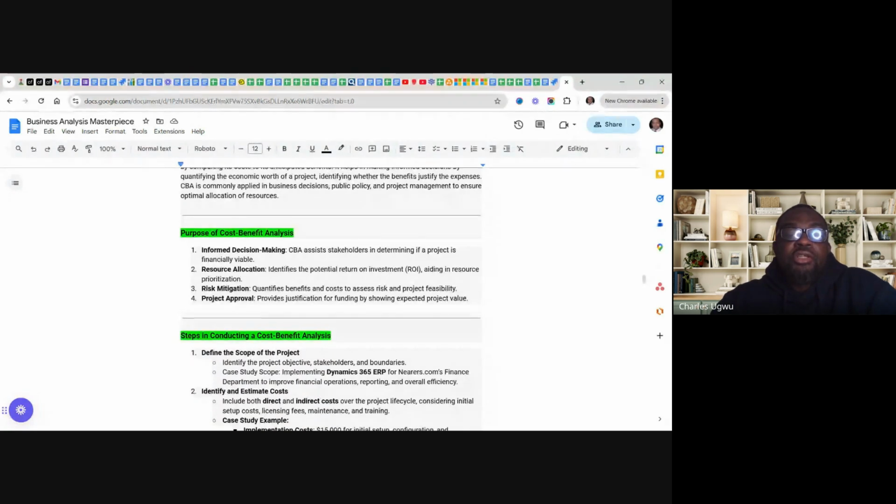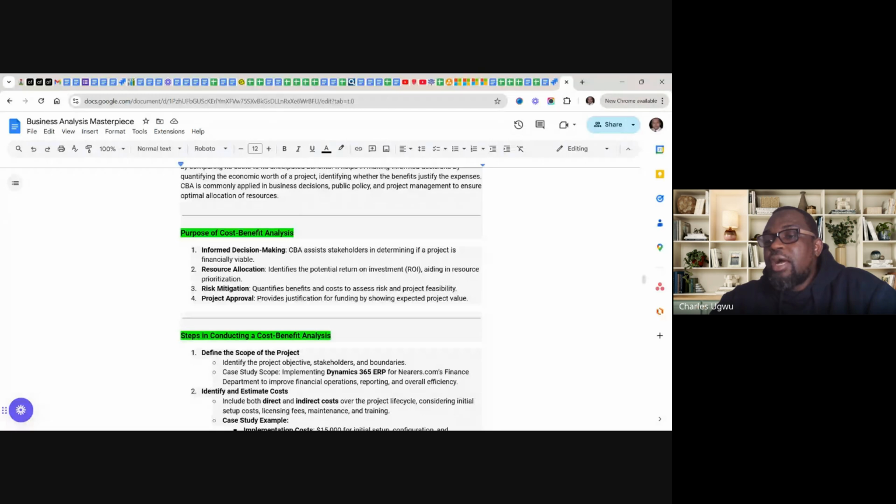Risk mitigation helps you to quantify the benefits and the costs to assess risk and potential feasibility. And project approval provides justification for funding by showing expected project value.